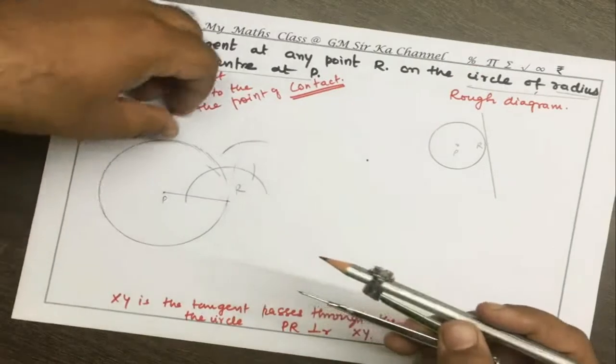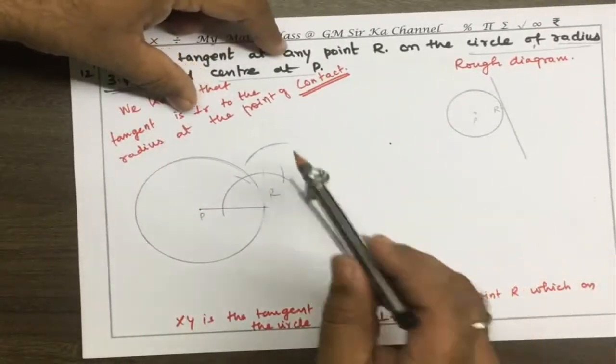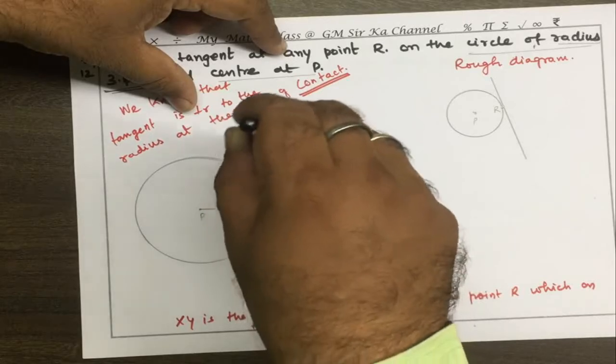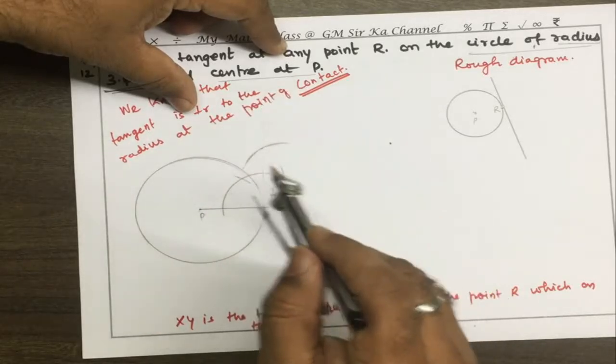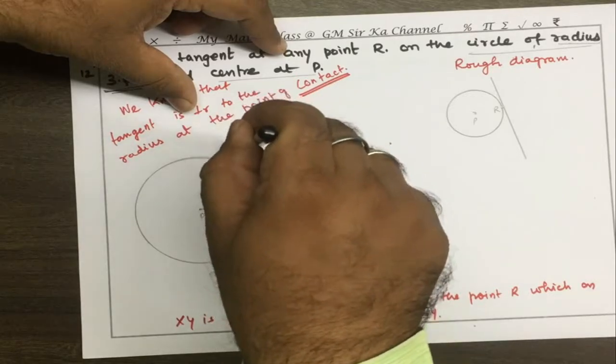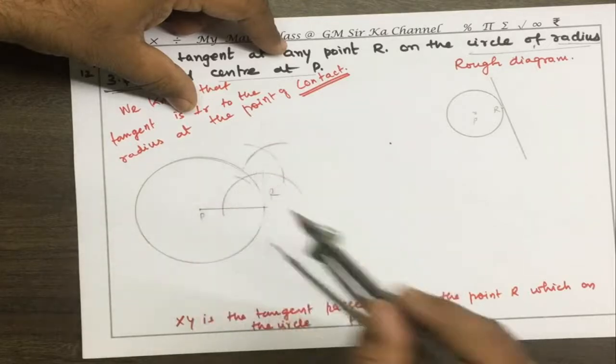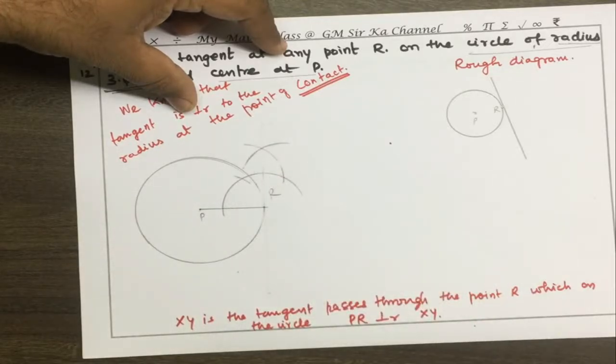In this way, from this point we have to draw the arc from the point R, and again from the 60 degree like this.